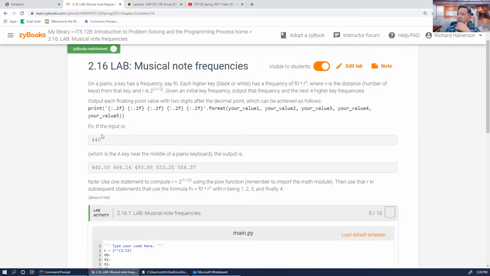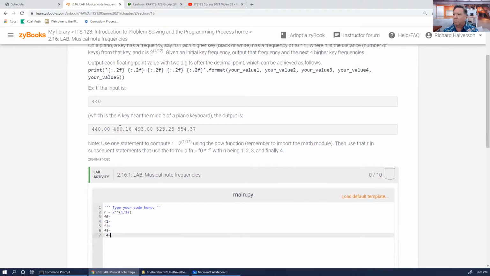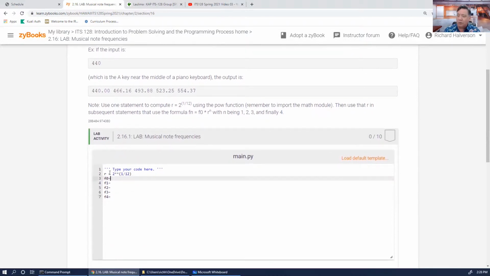Okay, so F0 is input, must be input. So F0 is input, and it's going to be an integer. Integer is fine for this. Int.